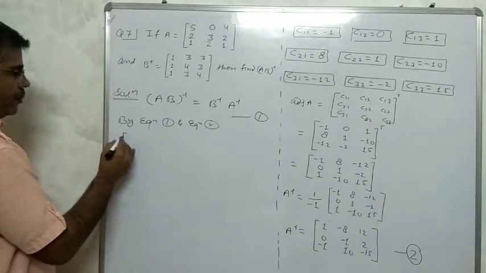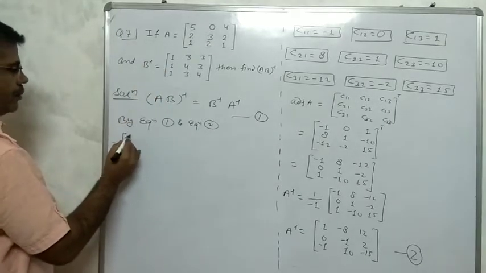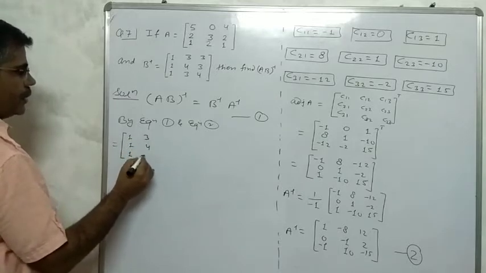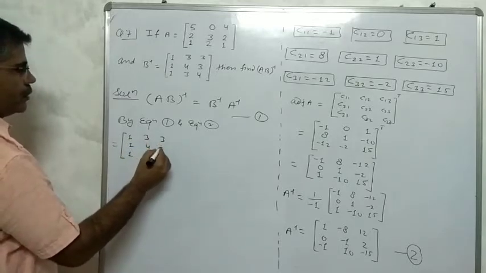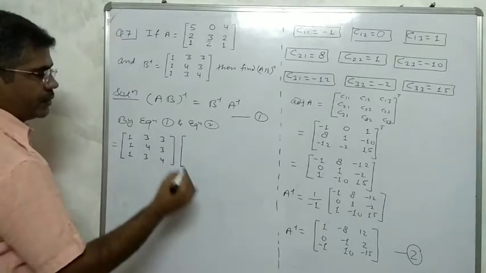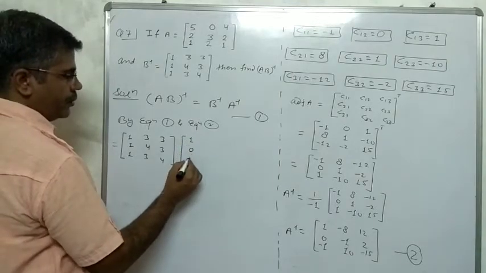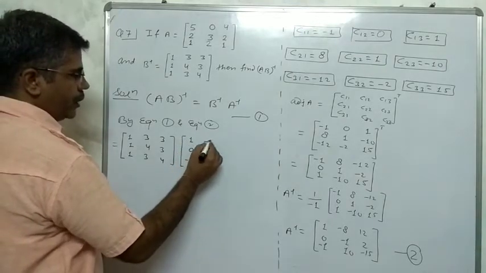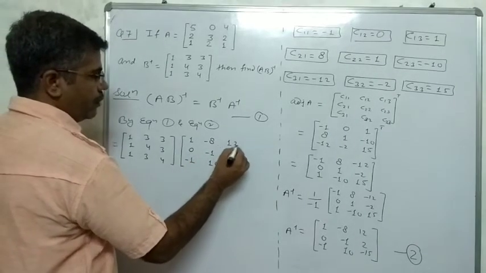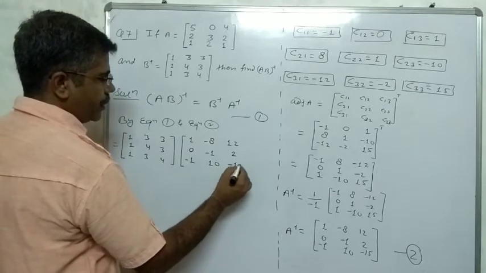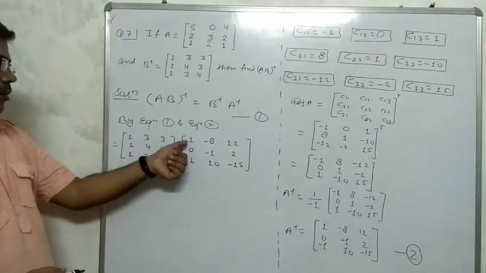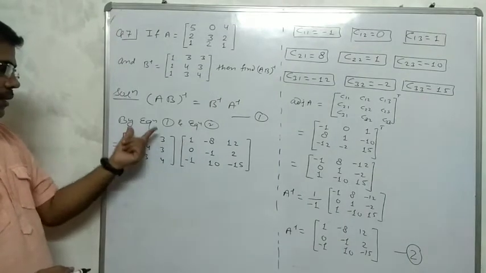We put the value of B inverse: 1, 1, 1, 3, 4, 3, 3, 3, 4. A inverse is 1, 0, minus 1, minus 8, minus 1, 10, minus 12, 2, minus 15. We multiply this column by the complete row.